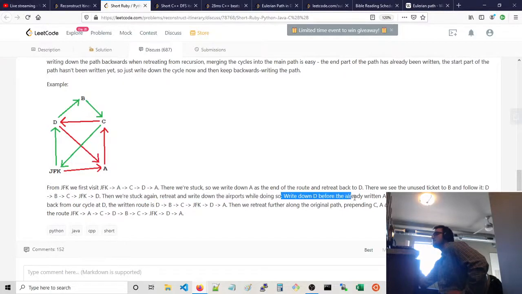Write down D before the already written A, then JFK before the D. When we're back from our cycle at D, the written route is D B C JFK D A. Then we retreat further along the original path, prepending C A and finally JFK to the root, ending up with the root JFK A C D B C JFK D A.